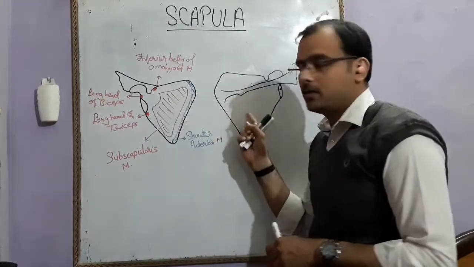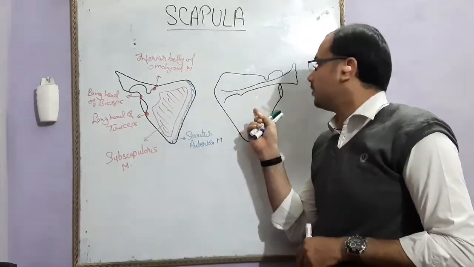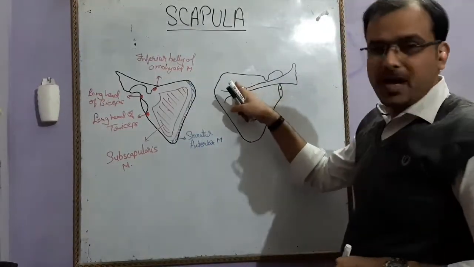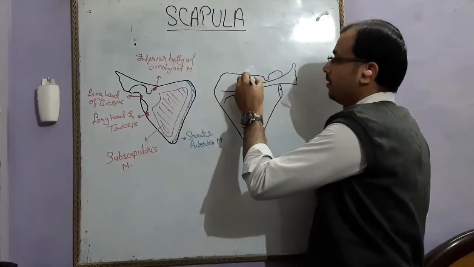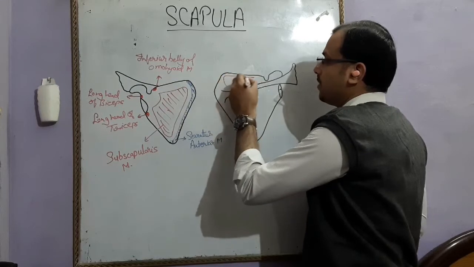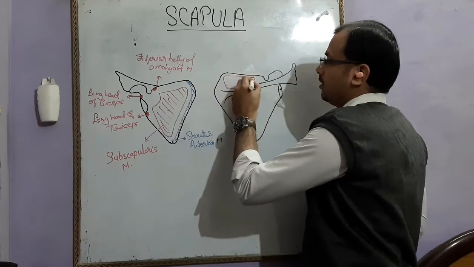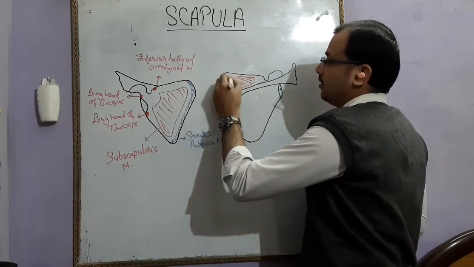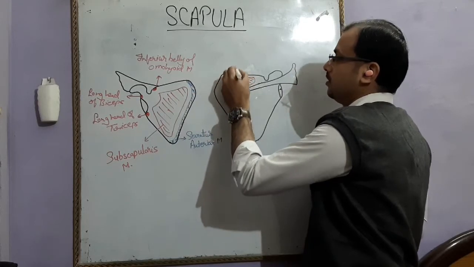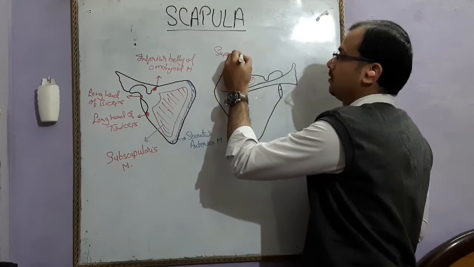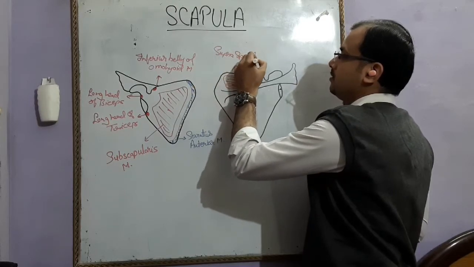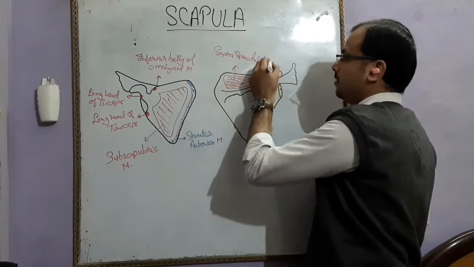Now we will discuss the attachments of the dorsal surface of the scapula. On the supraspinous fossa, the medial 2/3 portion is attached by supraspinatus muscle. Supraspinatus muscle.